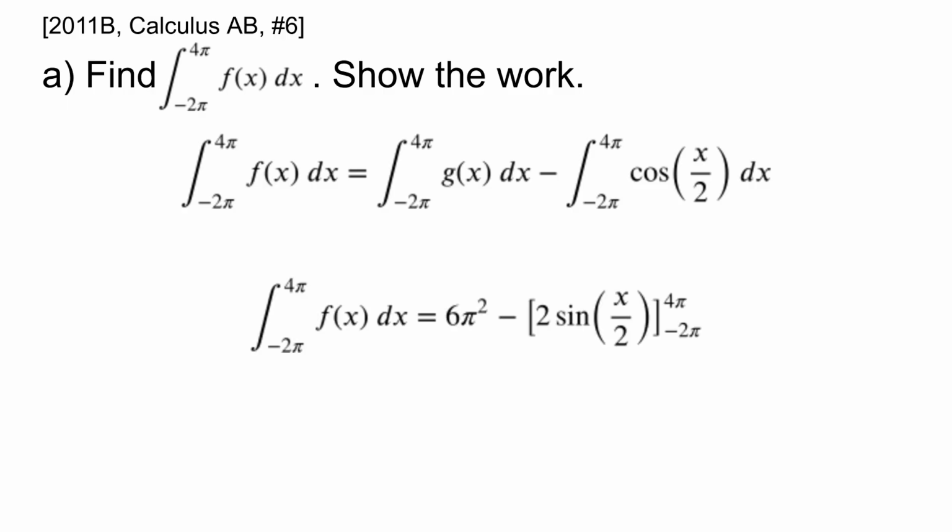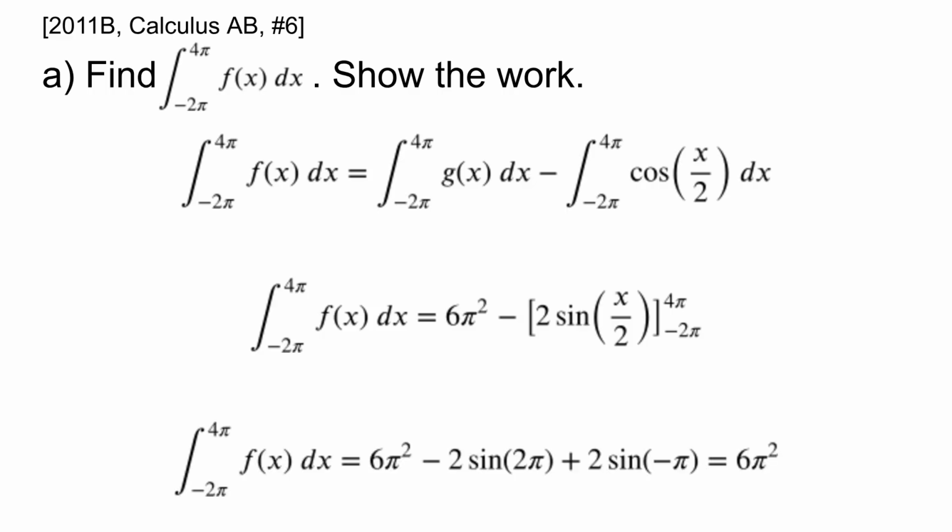So the integral from negative 2 pi to 4 pi of f of x dx is 6 pi squared minus 2 times the sine of x over 2 evaluated between negative 2 pi and positive 4 pi.